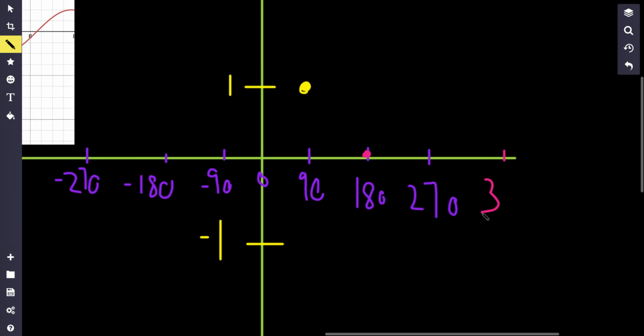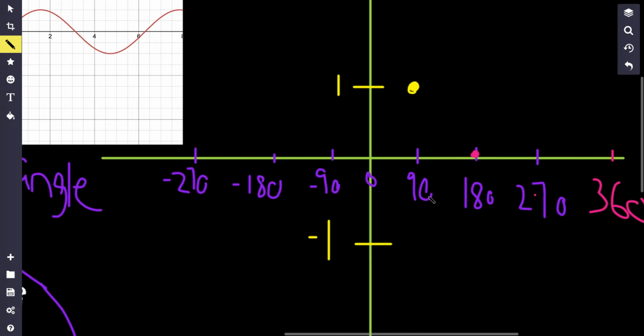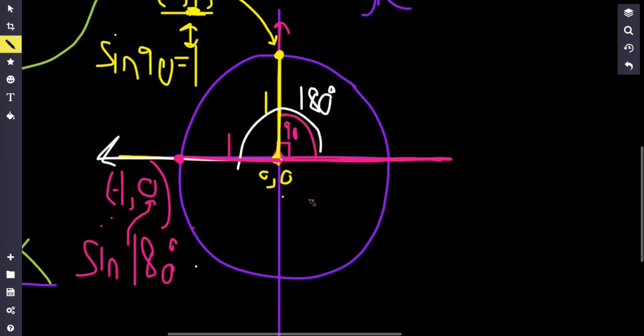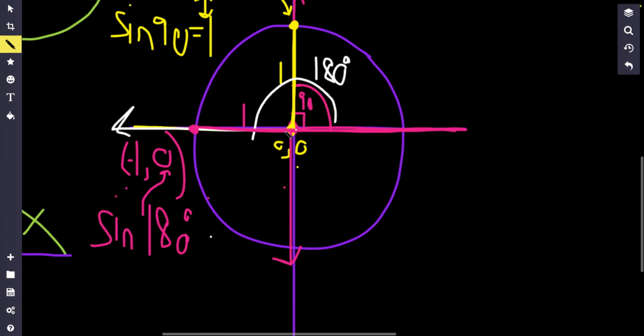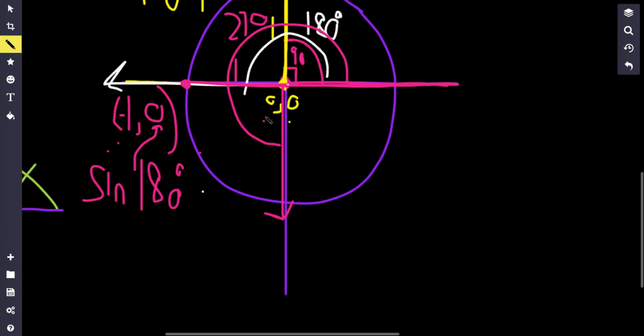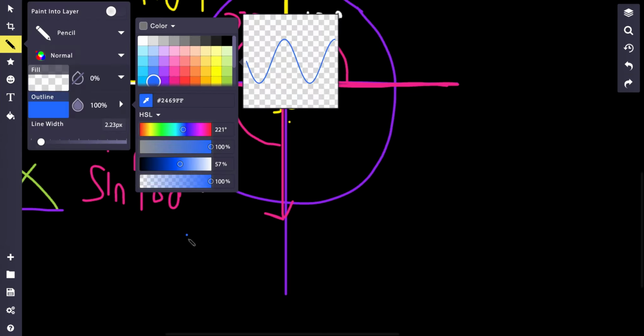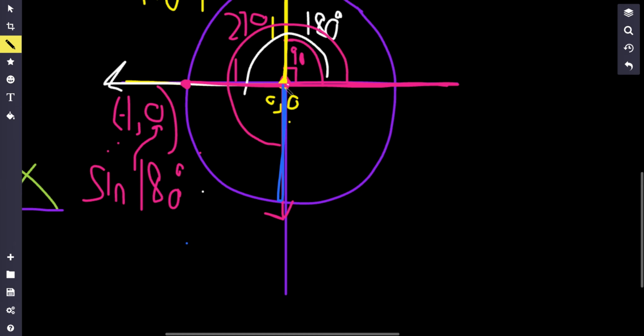Just put one more point. All right, now let's say we created a 270-degree angle. Well, this time we've gone 1 unit downwards, because this right over here represents the radius of our circle, which is 1 unit.